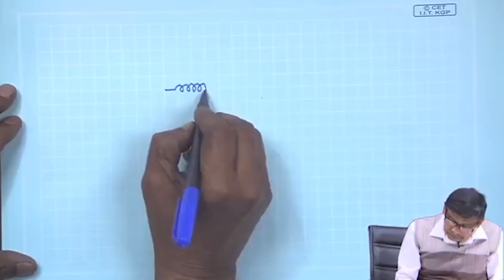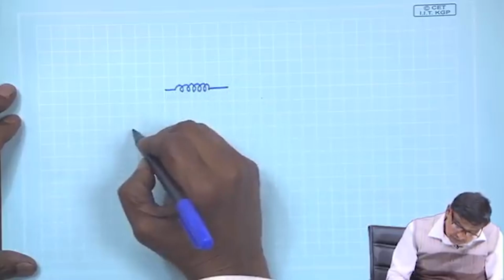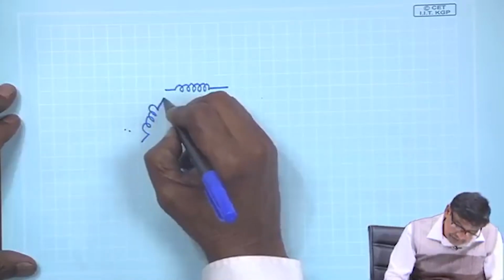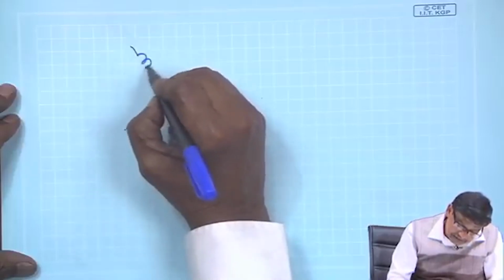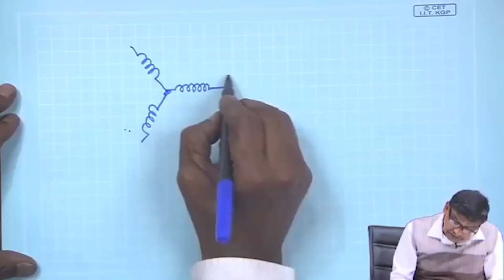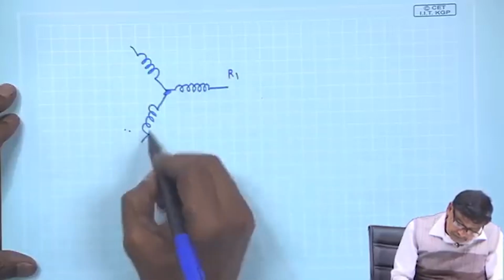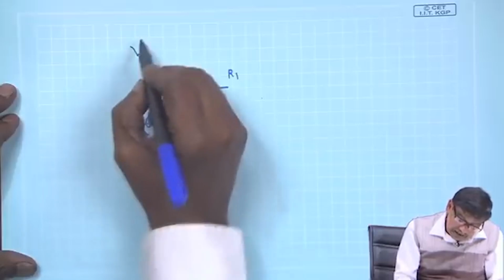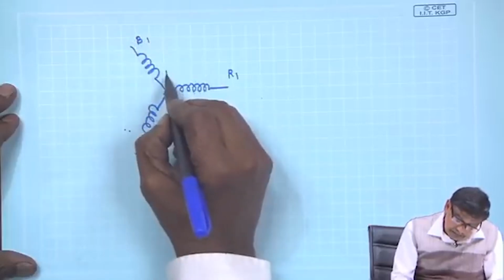See, go to the same diagram. This is your R phase, this is Y phase, and this is B phase. So, this is R1, this is Y1, Y2, and this is B1, B2.